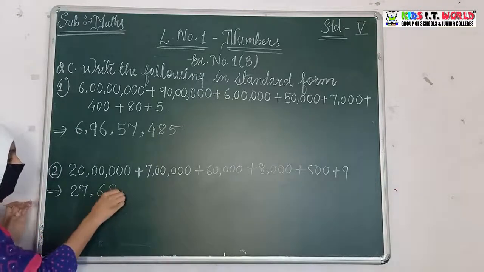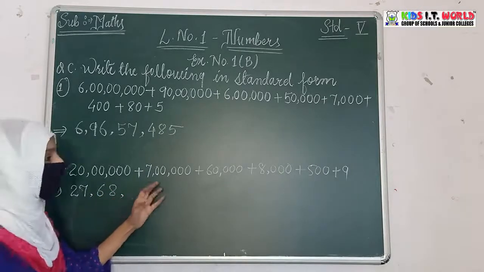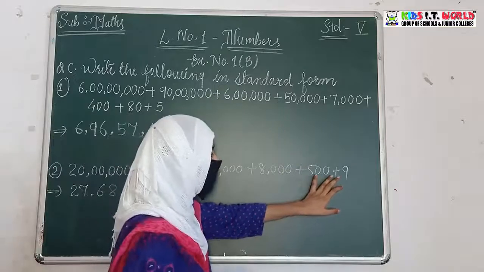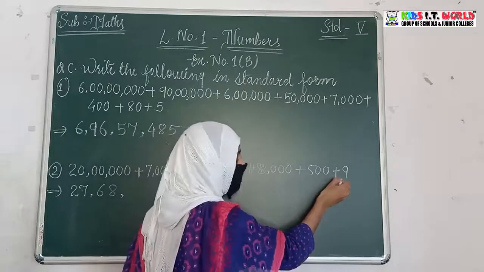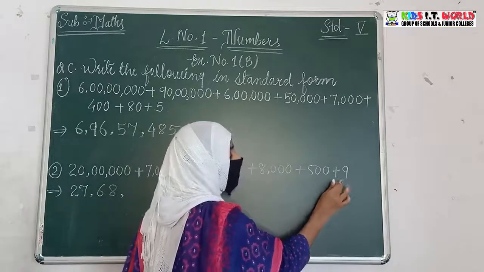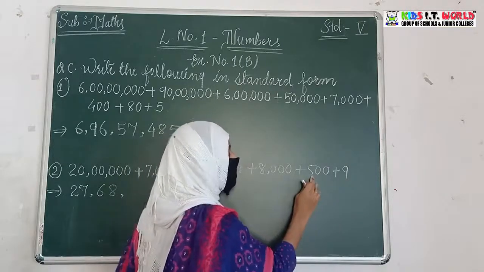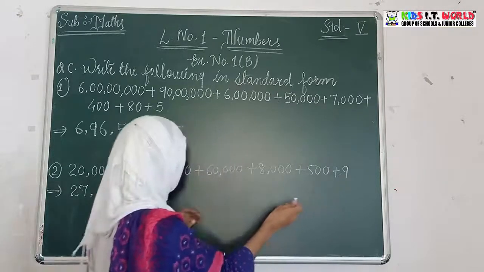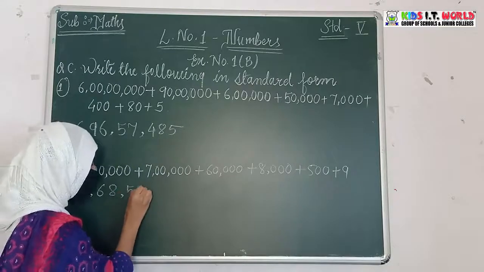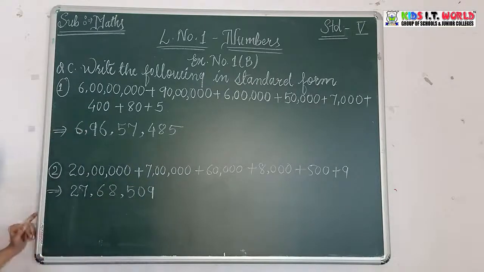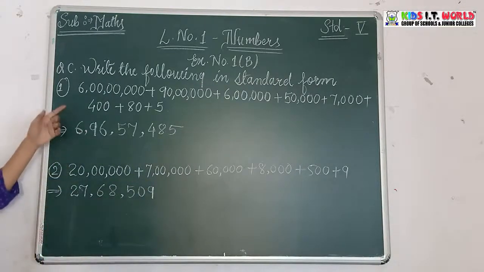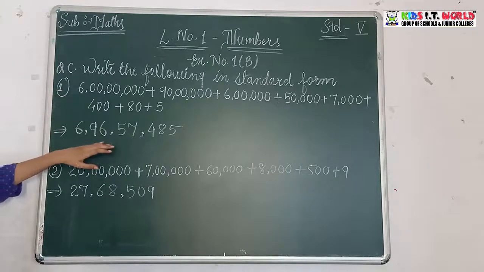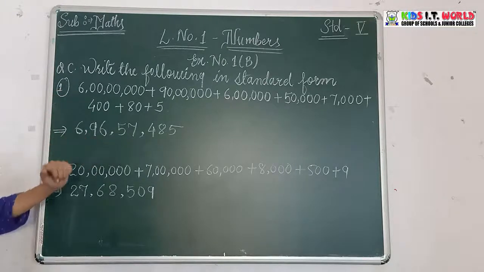Again put the comma after the separate period. Now here 500 plus 9. See here, ones place, tens place is not given to you. So on the tens place you have to write a 0. So 500 plus 9, it is 509. Okay, and students, in this way you have to convert expanded form of the number into the standard form.